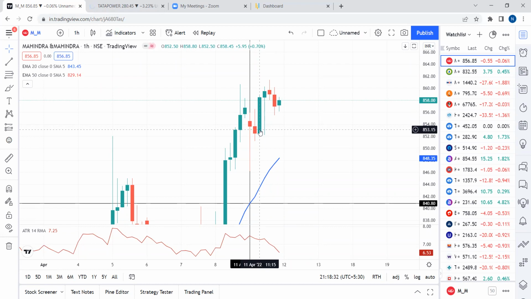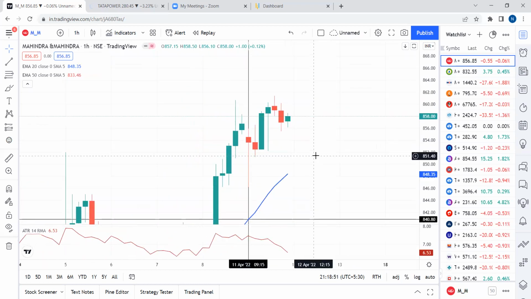Range means the range where it has traveled, or fluctuated, or varied in a given time frame. That's what the range is. So true range is a single candle, from here to here. So if I have to see the true range for this, now tell me what should be the value of the true range.